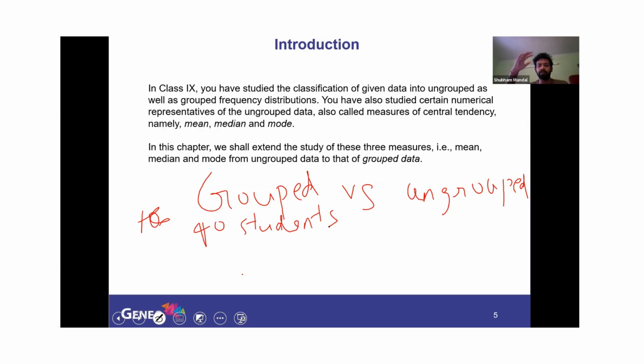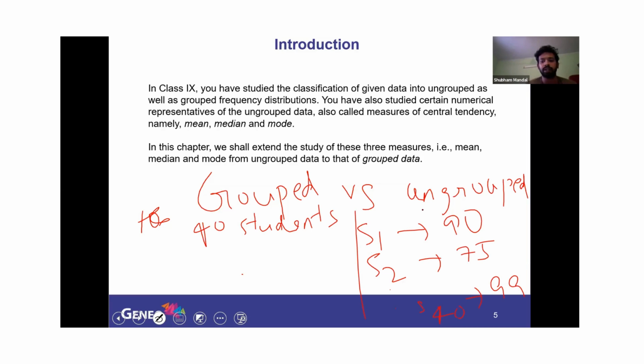If I give you a table which has every one of their marks separately, for example, a test out of 100 marks, the student with the first roll number has got 90, second student has got 75, so on till the 40th student has got, let's say, 99. This will be your ungrouped data, because I have given each data point separately.